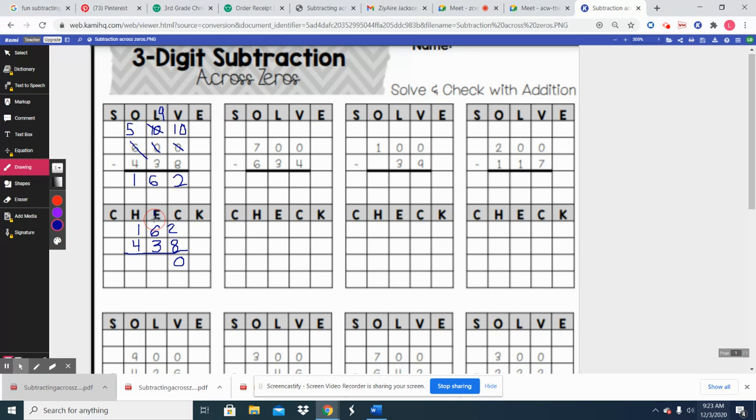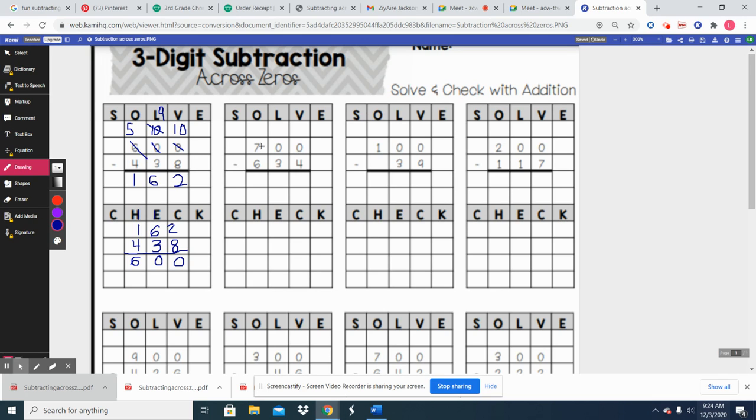I'm going to carry to make 6 plus 3 is 9, plus 1 is 10. And then 4 plus 1 is 5. I carried, so adding a 1 to 5 is 6. So yes, this answer is correct because we get 600, the amount we started with before we subtracted.